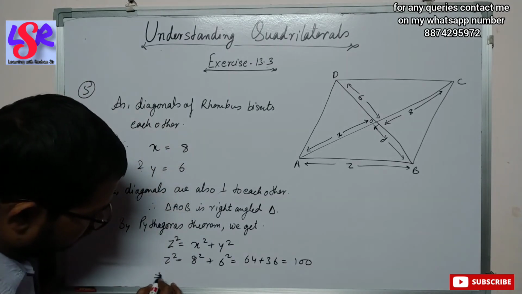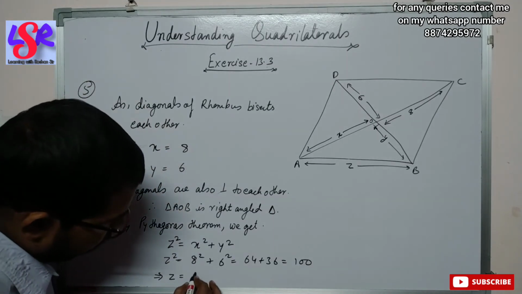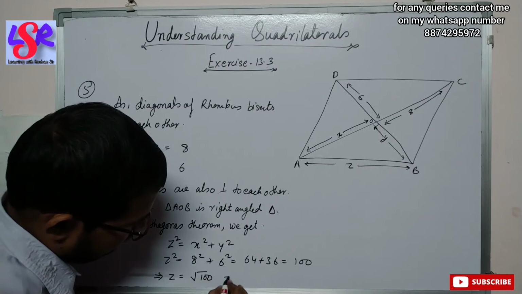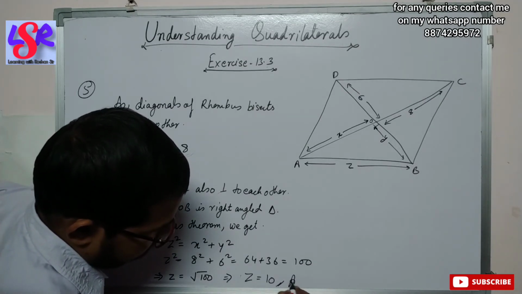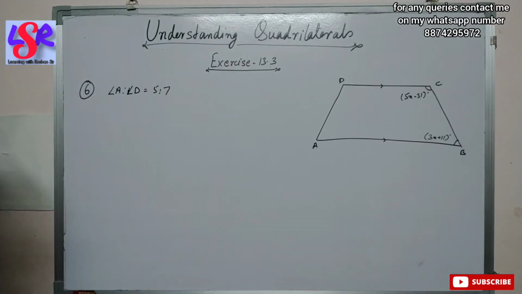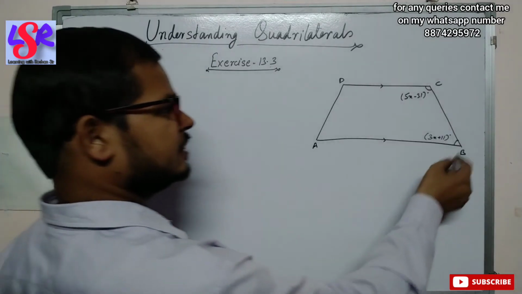Now taking square root on both sides, Z will be equal to root 100, that is Z equals to 10 as the answer.